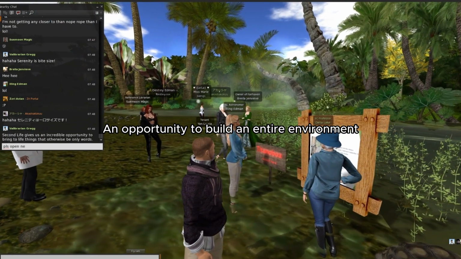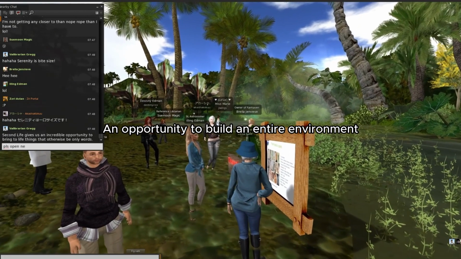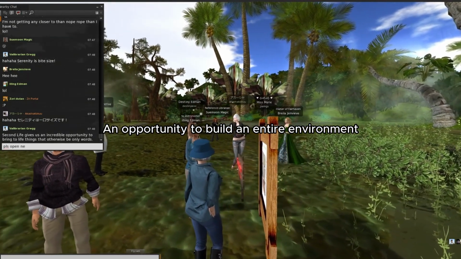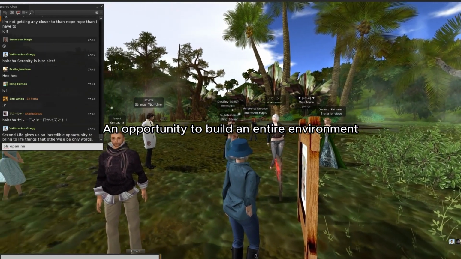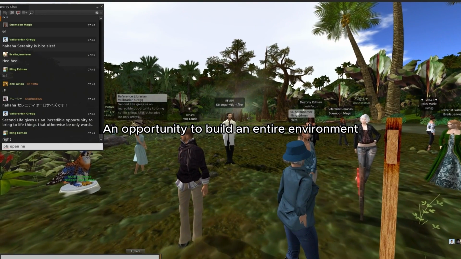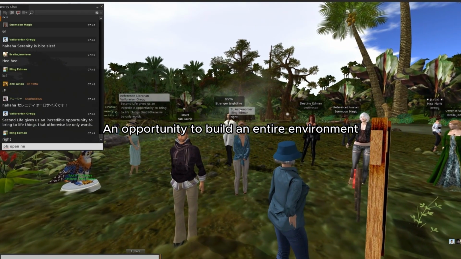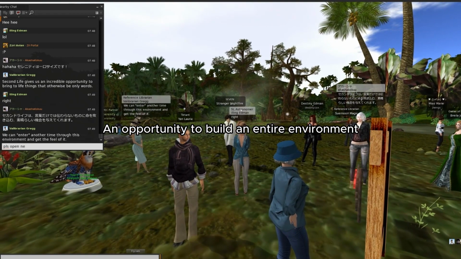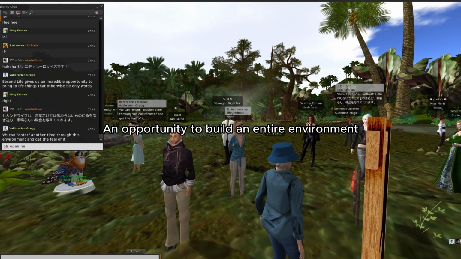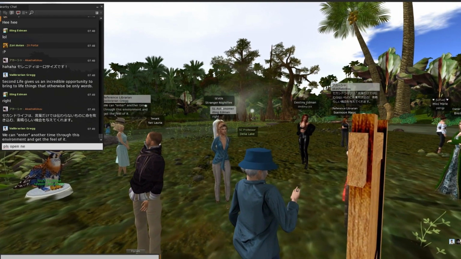But this gives us an opportunity to build an entire environment where you can get the feel of something. The actual feel of something that contrasts to where you might live in today's world, solid world.